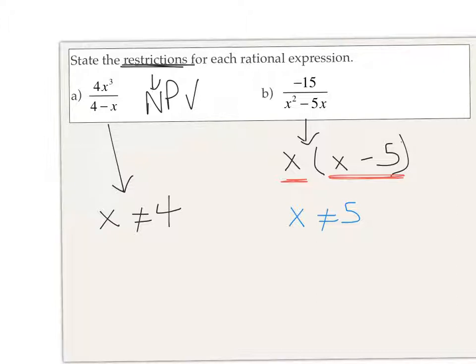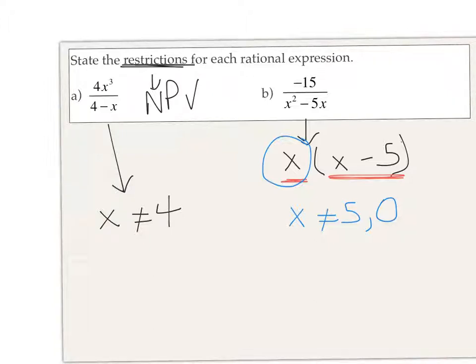Now, what about the other one? I've heard some people whispering it. Anyone brave enough to put it out there? It's the one that goes with this. And it's just 0. Okay? So if you have an x on its own, it's just 0.